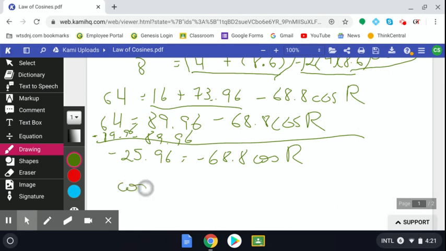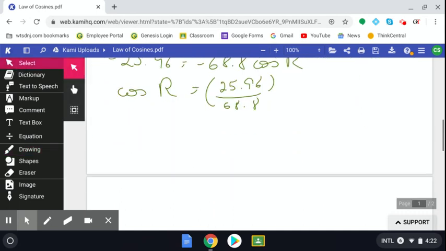So I can say that cosine R is equal to 25.96 over 68.8. And if you remember from right triangle trig, for you to find the measure of the angle, if you have the value for cosine, you have to use inverse trig.